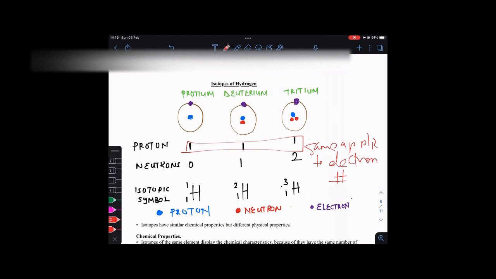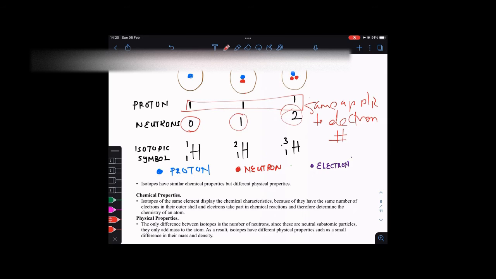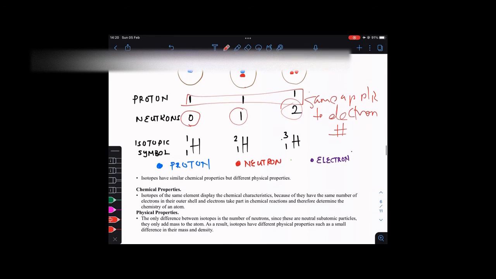What changes is the number of neutrons. For protium, it's 0 neutrons. For deuterium, it's 1 neutron, and for tritium, it's 2 neutrons. So in isotopes, what's different is the number of neutrons, not the number of protons or electrons.